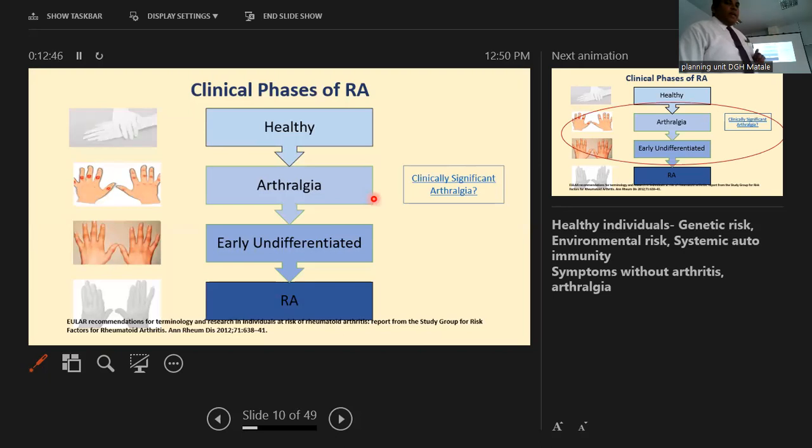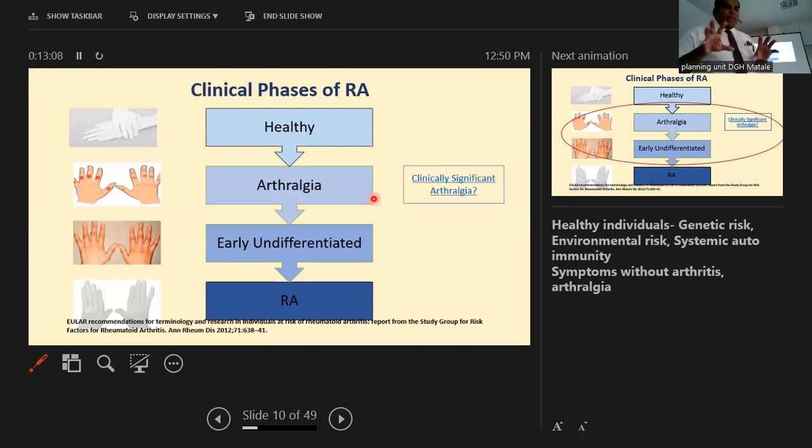So the most important thing is to identify the clinical phases of rheumatoid arthritis. There are healthy individuals who are susceptible, with genetic risk factors, environmental risk and systemic autoimmunity, to develop rheumatoid arthritis. In the initial phase, they won't come with rheumatoid hands.